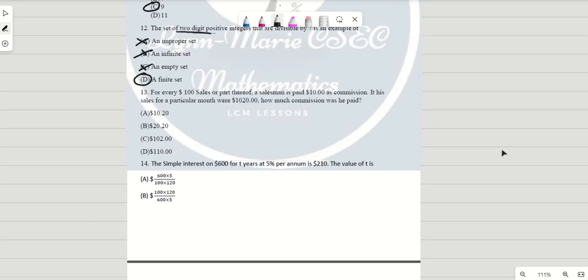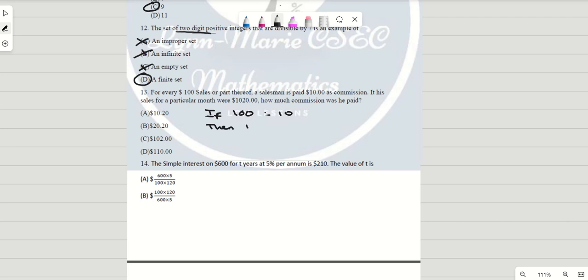Number 13, for every $100 sale or part thereof, a salesman is paid $10 as commission. If his sales for a particular month was 1,020, how much commission was he paid? We did this question already, but let's do it, right? We know that if for $100, he is paid $10 commission.